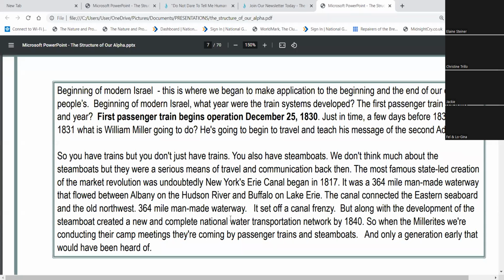It set off canal frenzy. But along with the development of the steamboat, it created a new and complete national water transportation network by 1840. So when the Millerites were conducting their camp meetings, they were coming by passenger trains and steamboats, and only a generation earlier, that would have been unheard of.